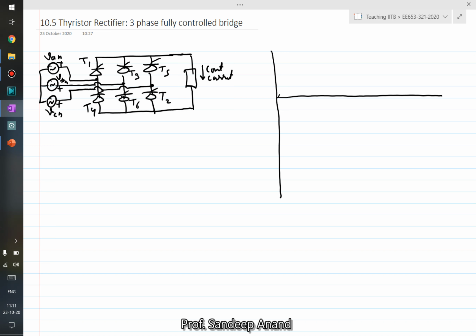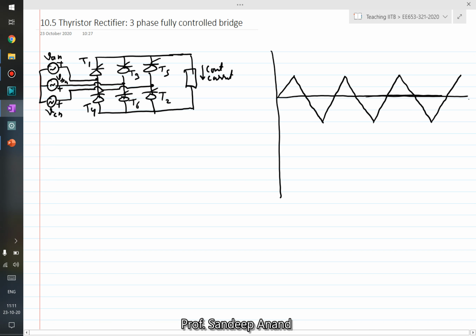So let us first draw the voltage waveform. Which is the most difficult part of this video, right? Drawing the voltage waveform, but I think once we draw it, then rest everything is very straightforward.